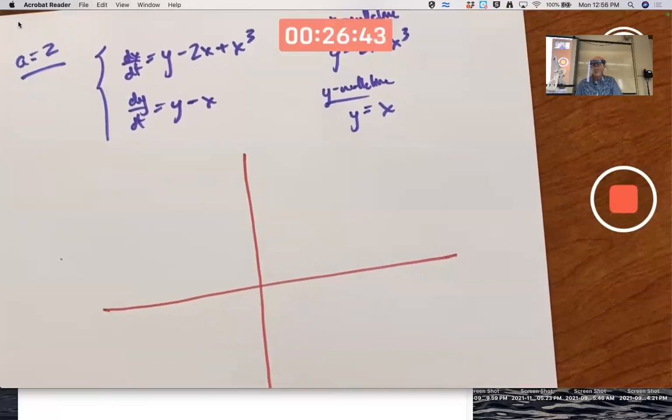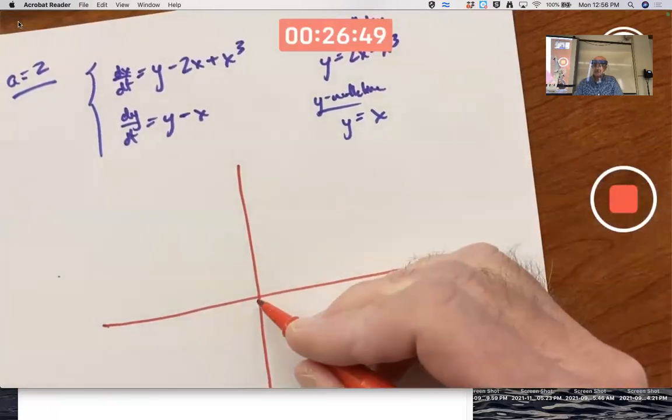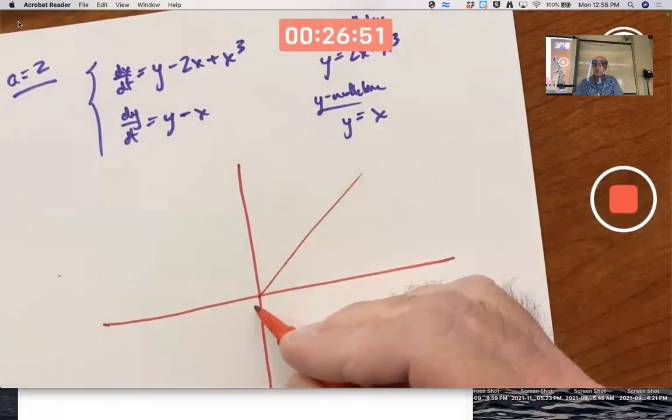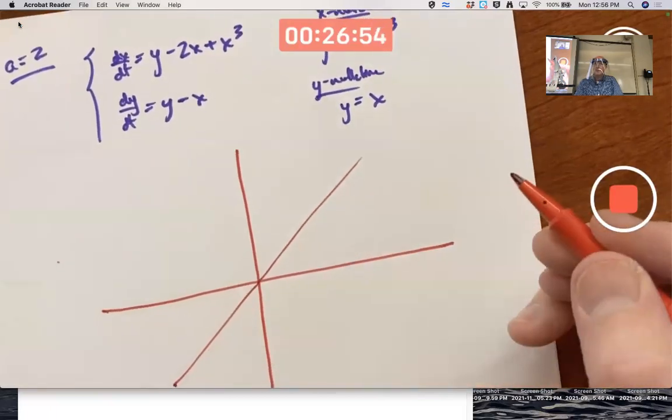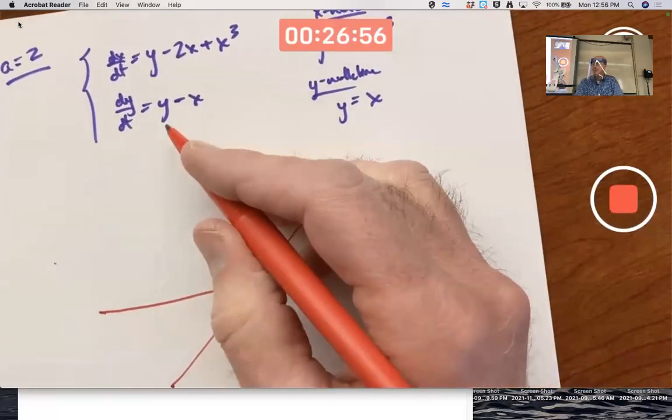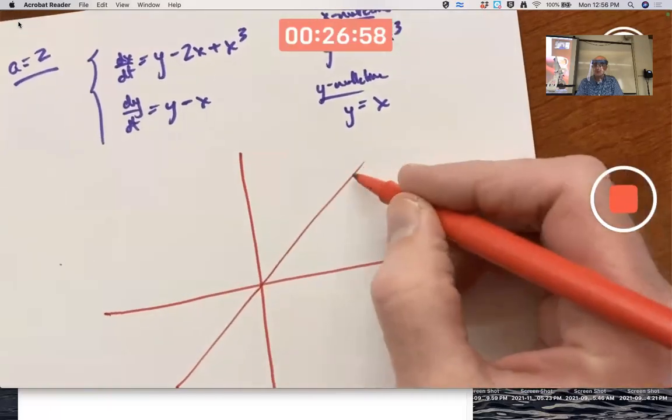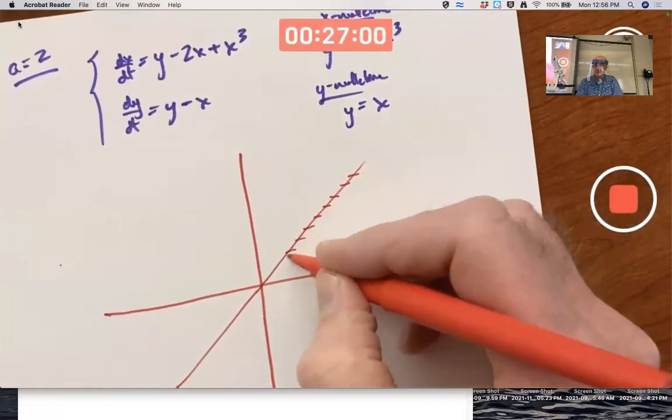Not looking for perfection, but I'm looking for decent. The y nullcline is y equals x. You got to cross that horizontally because that's where dy dt is 0. Make horizontal line segments.